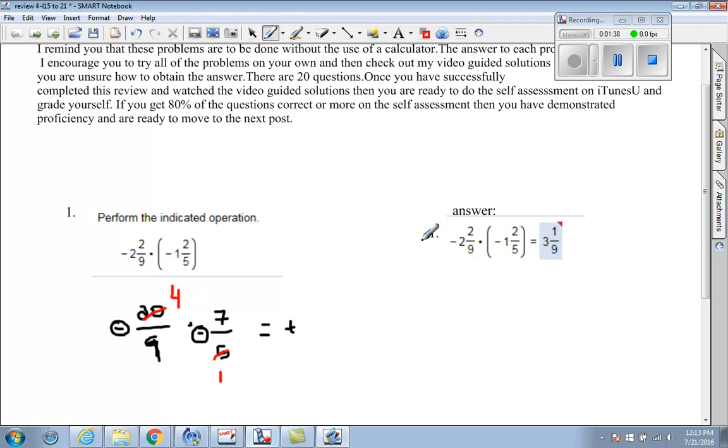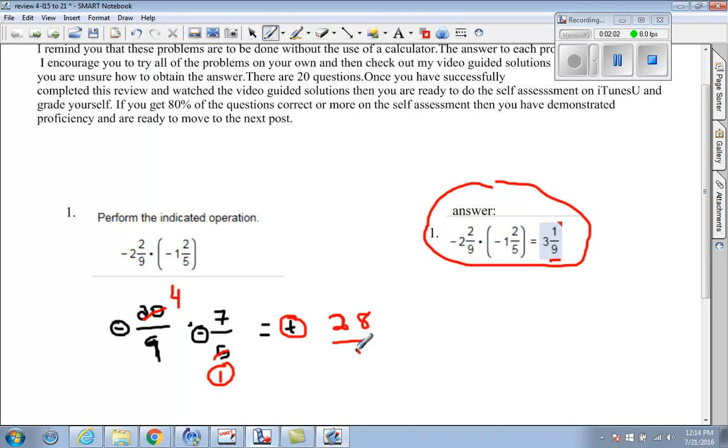And I wanted you to notice, we have the answer key over here. We want to obtain that answer, but we're going to see how we do that. So again, negative times a negative we know is a positive. When you multiply, you just go straight across. So 4 times 7, that's going to lead us to 28. And 9 times 1, that's going to lead us to 9.